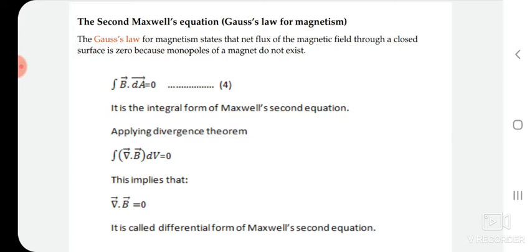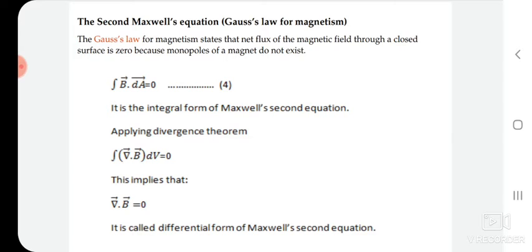Now, if we apply the Gauss divergence theorem on both sides, therefore integration of del dot B dV, by using the Gauss divergence theorem, we change the surface integral into the volume integral. Volume integral of del dot B dV is equal to 0.